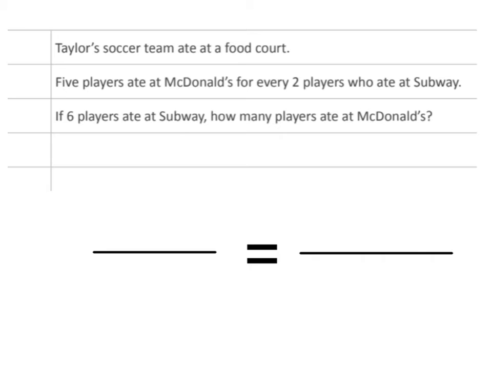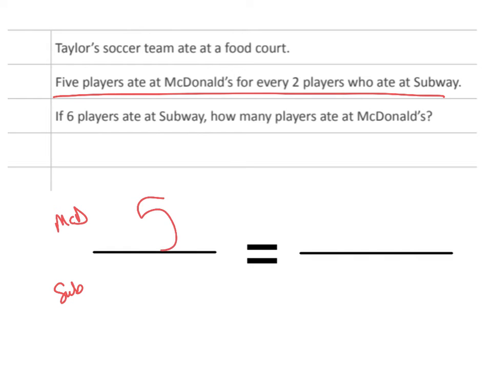Taylor's soccer team ate at a food court. 5 players ate at McDonald's for every 2 players who ate at Subway. So we have McDonald's on top, and we're going to put Subway on the bottom. So here's our ratio. 5 players ate at McDonald's for every 2 players that ate at Subway. Now our actual numbers.